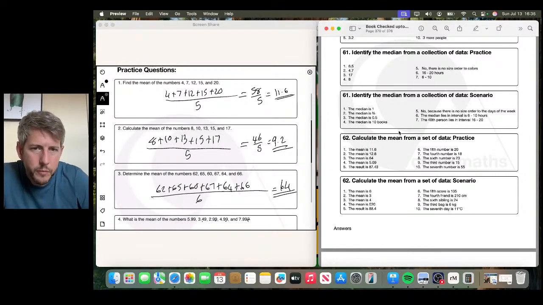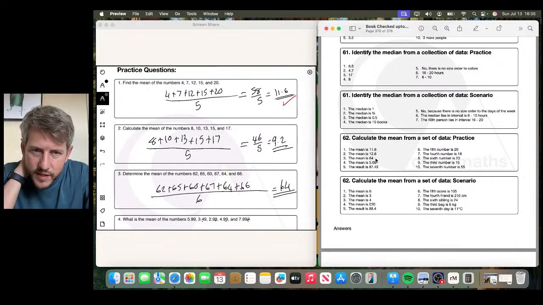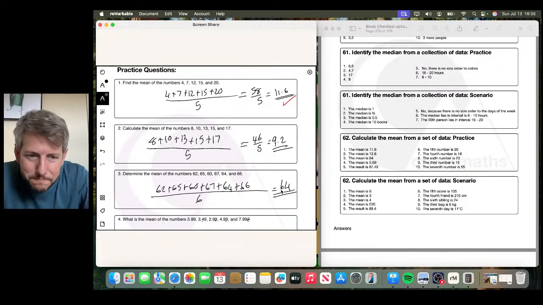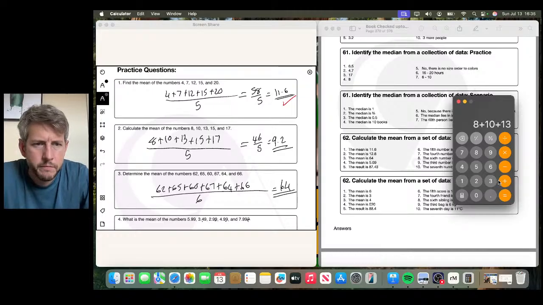Okay, so 11.6, 9.2. Oh, this one's wrong. Oh no. Okay, right. So they've got 12.6. I've got 9.2. Right. Let's have a recheck of this. So we've got 8. Add 10. Add 13. Add 15.